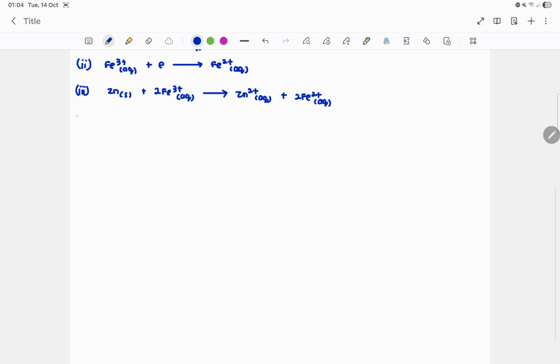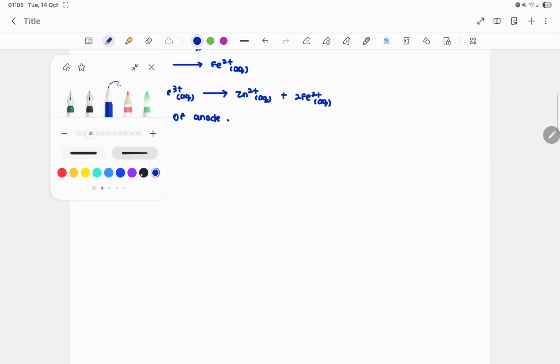So the fourth one, standard cell notation. First we will write the cell notation of the anode.